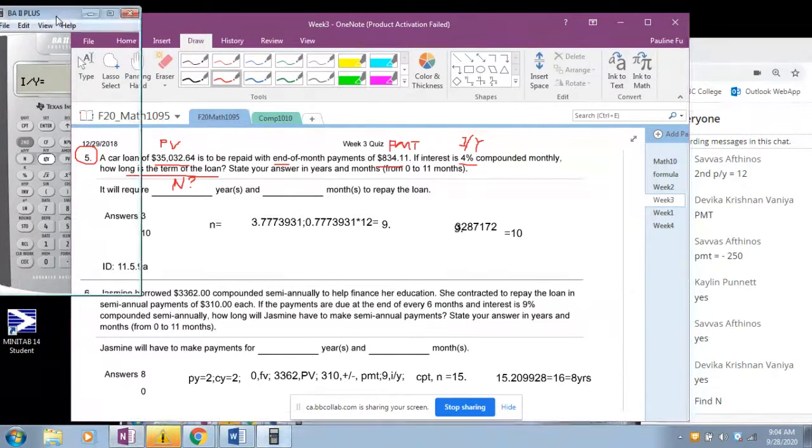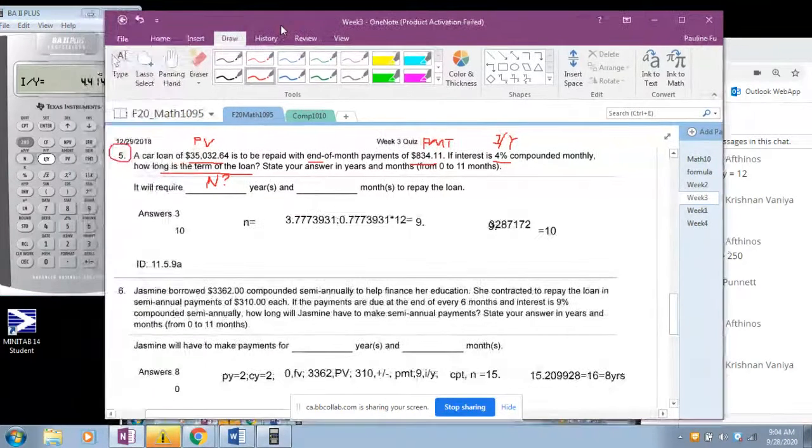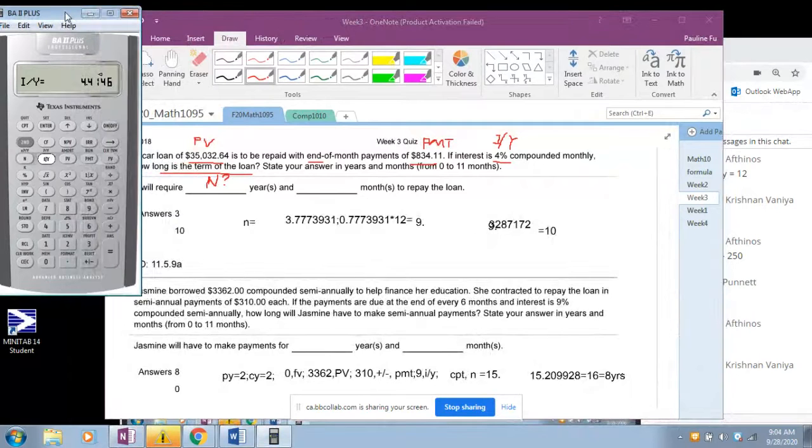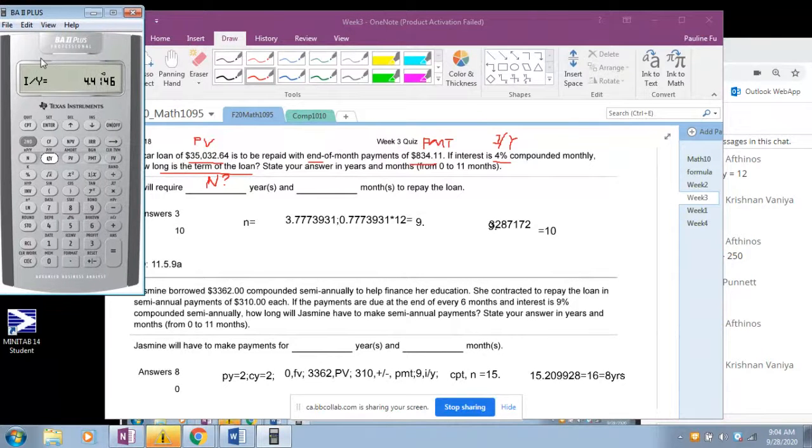Okay, so this is my calculator. Always begin with second quit. Second PY 12, down arrow key CY 12, second quit.